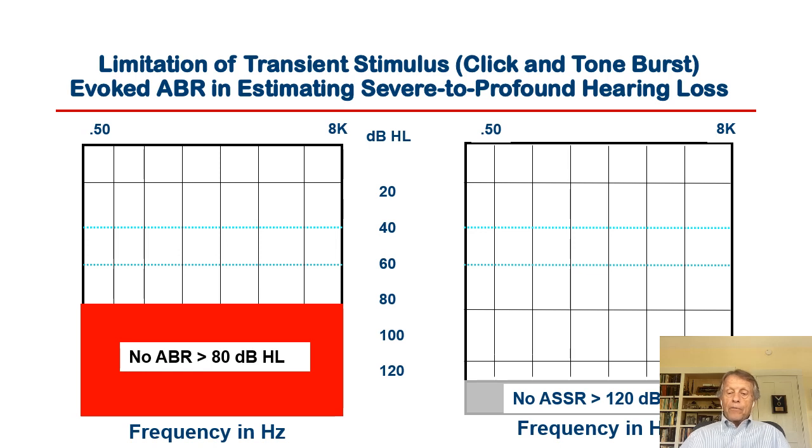So there are really two applications of ASSR. One is confirming the ABR results or going beyond them with higher intensities. The other is for people who don't have much experience with electrophysiology to estimate hearing threshold accurately.